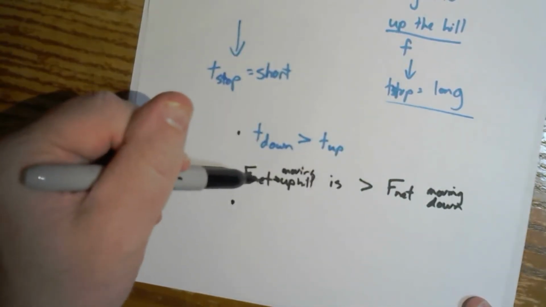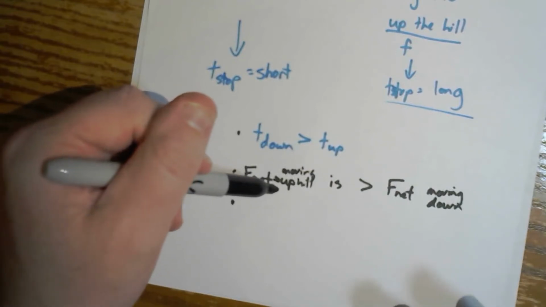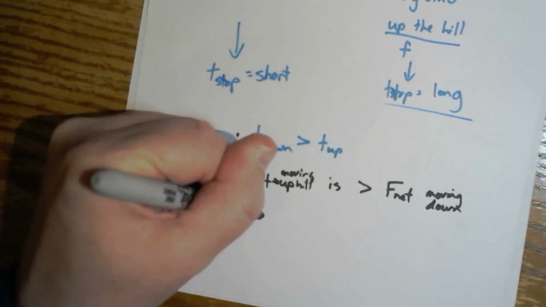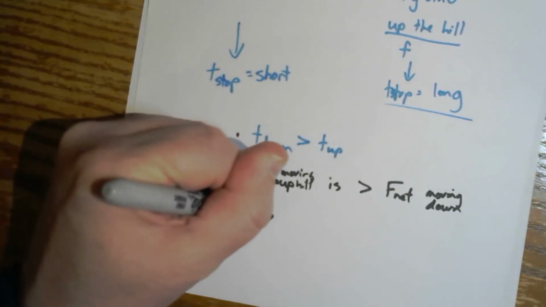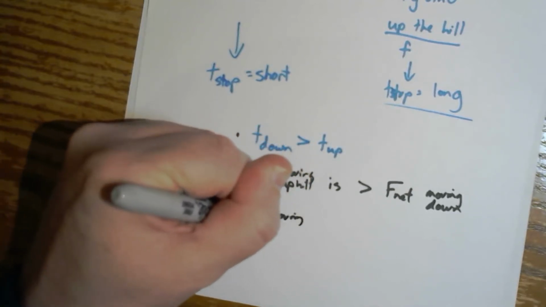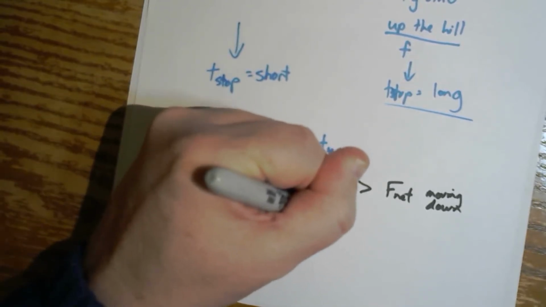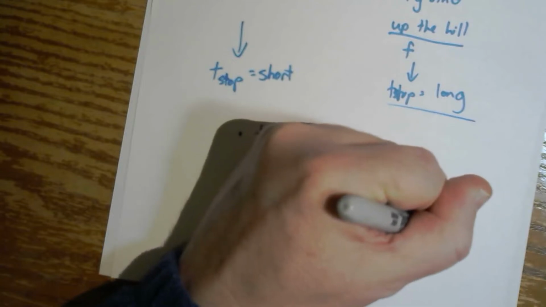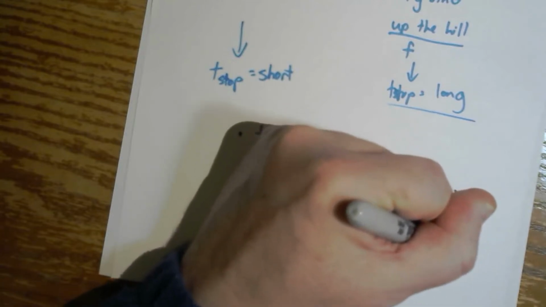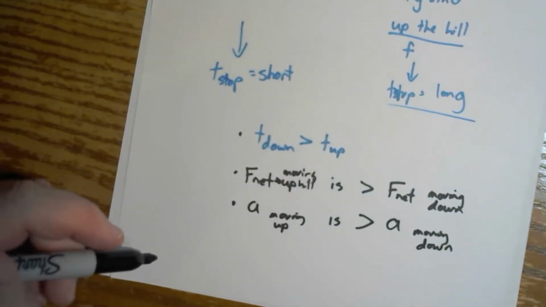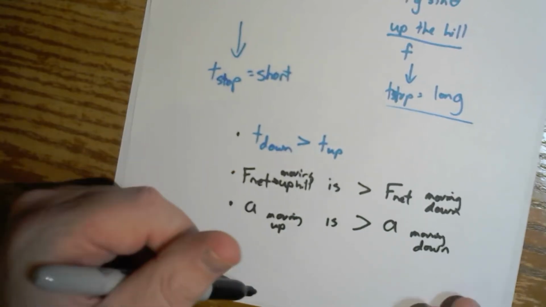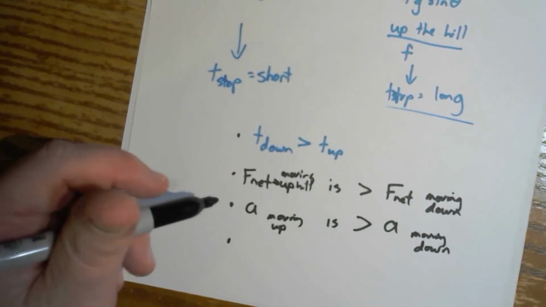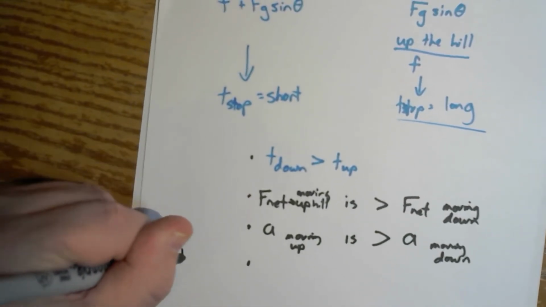And you also know that because net force has to do with acceleration, because F equals ma, then you have to conclude that the acceleration when you're moving up is greater than the acceleration when you're moving down. And then that leads into something else, because acceleration has to do with velocity, because there's a kinematic relationship between them. Remember this, v is equal to v naught plus at.